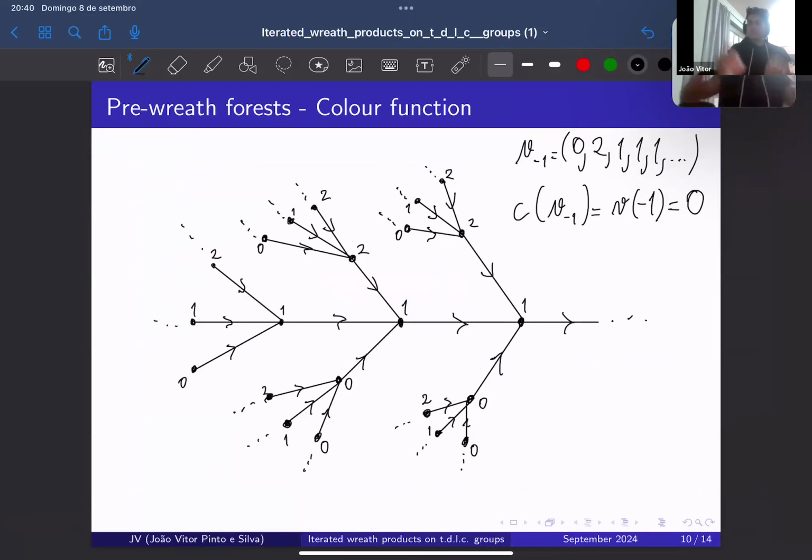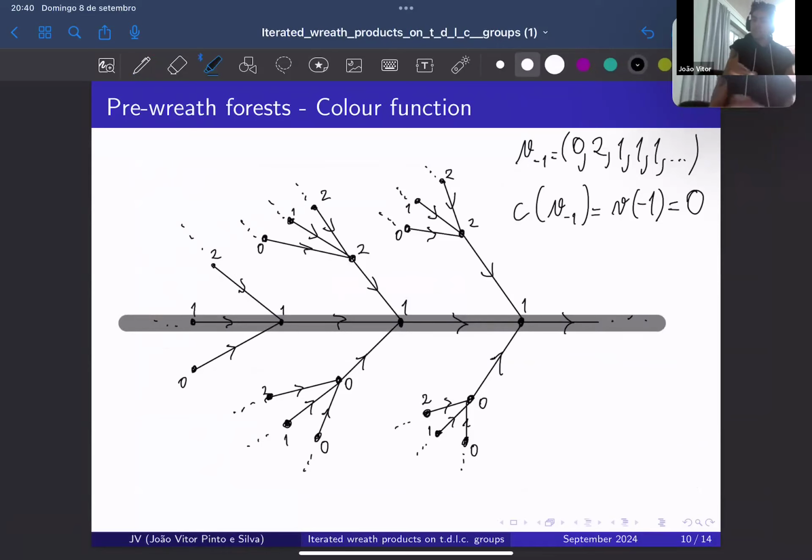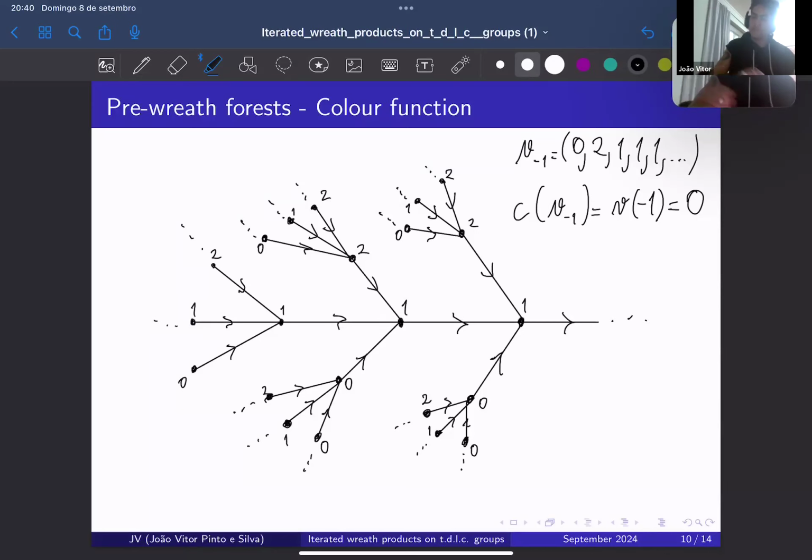So here this middle line would be like a copy of the integers, countably many ordered things like the integers in it. And for each vertex, I have countably many things pointing to it. Here I have just 3 pointing to each vertex, but I want to have as many as the natural numbers pointing to each vertex on your tree.